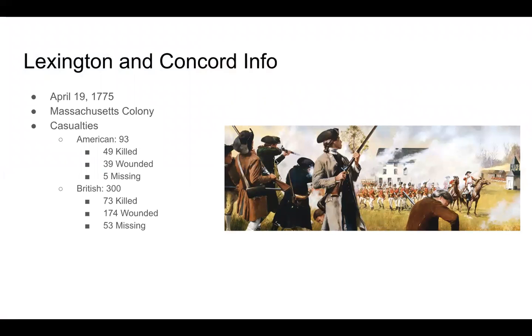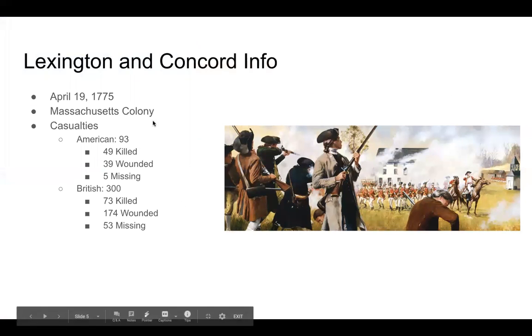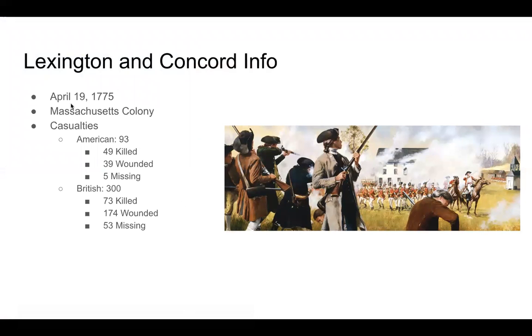So they go to a place called Lexington first, and at Lexington, there's a few Patriots known as Minutemen. Their job was to assemble within a minute and be able to fight against the British if they needed. And the British were trying to take their guns, and at some point on April 19th, 1775, someone fired a shot.